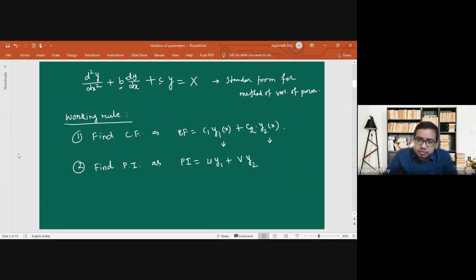Note that these Y1 and Y2 are taken from here. Let us not write X; when the context is clear, we know that Y1 and Y2 are functions of X.